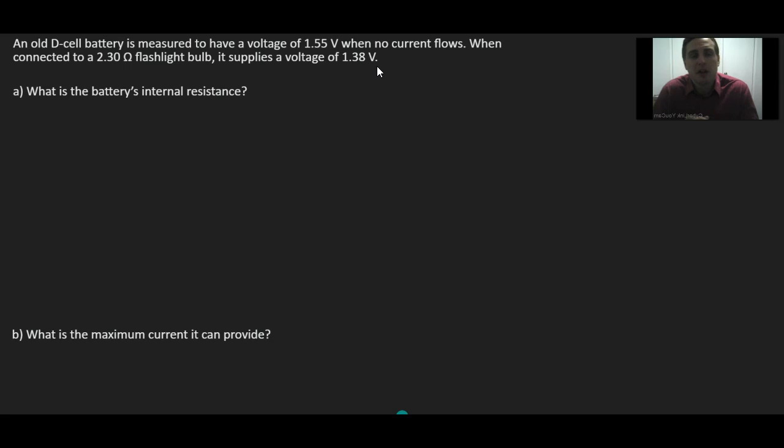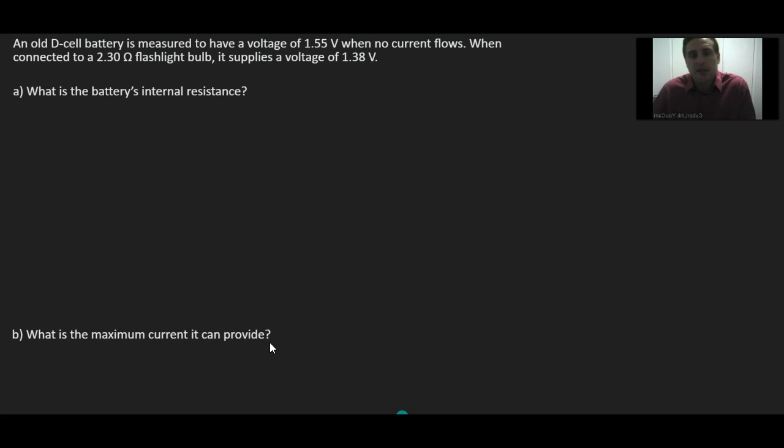But when current is flowing, it's delivering less than 1.5 volts because it has some internal resistance to this 2.30 ohm flashlight bulb. Okay, so we first want to know what is the battery's internal resistance and then what is the maximum current that that battery can provide.